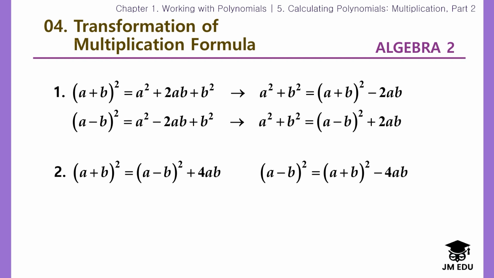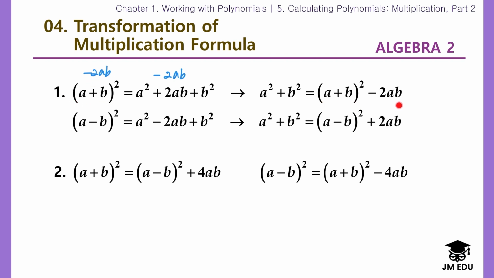So we can say that a² + b² is equal to (a + b)² minus 2ab. If we subtract 2ab from each side, then a² + b² is equal to (a + b)² - 2ab.